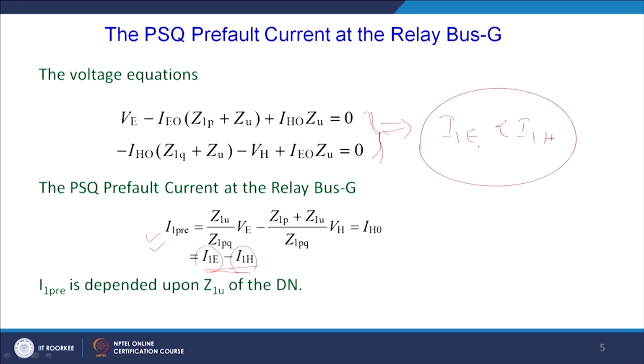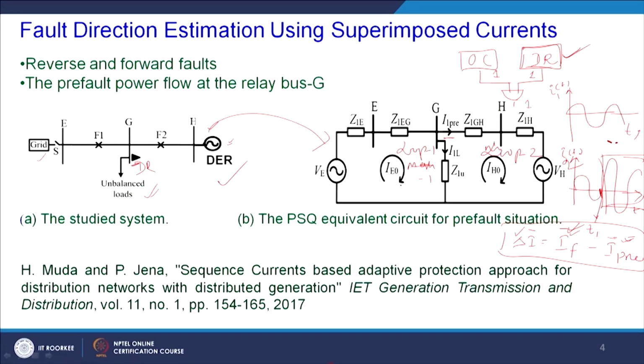If we take the difference of these two currents, we will arrive at I1 pre. Why is this I1 pre? Because the current flowing here is the difference of these two currents.